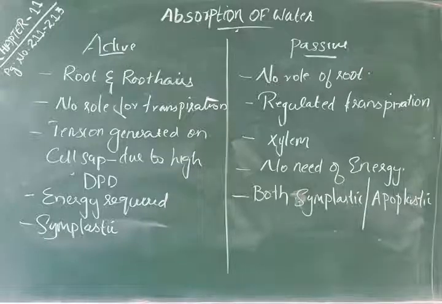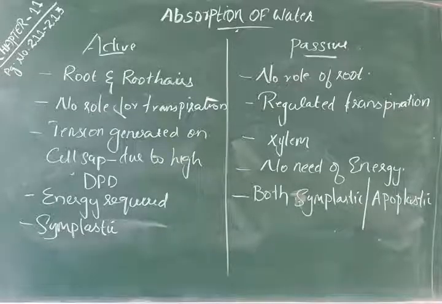Okay, so these are about the absorption of water. Water is absorbed from the soil by the organ called roots, and from roots water can be transported by three pathways: apoplastic, symplastic and transmembrane.